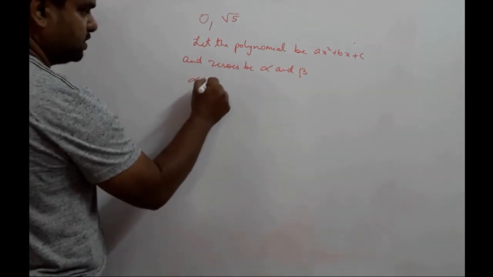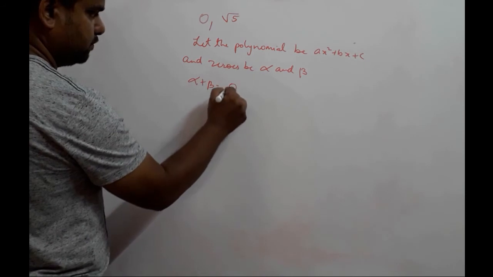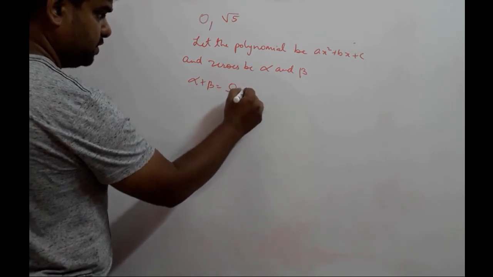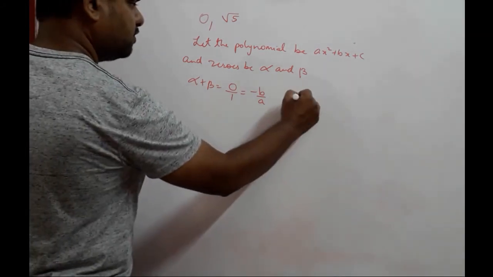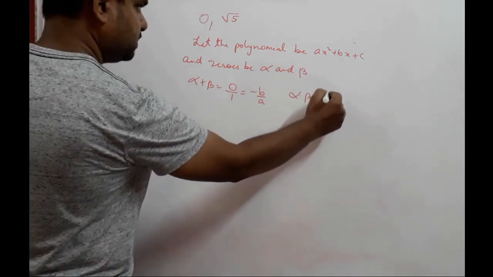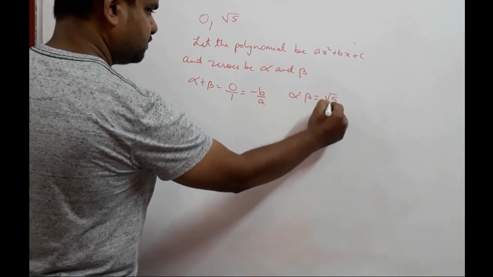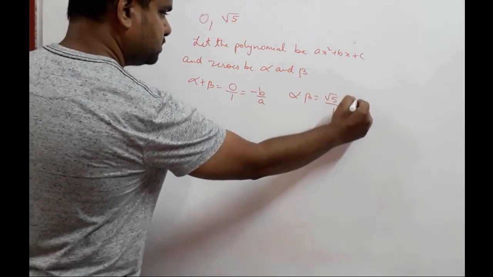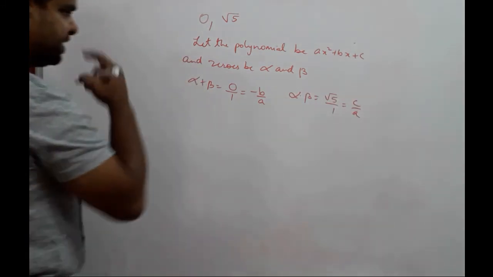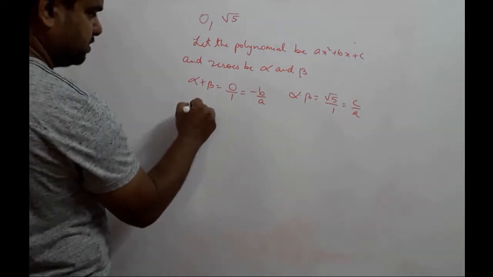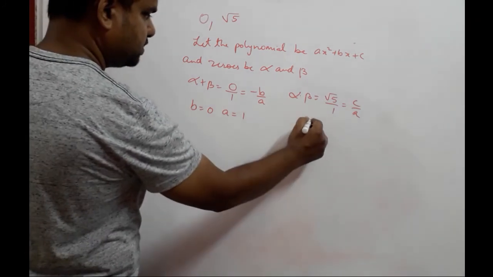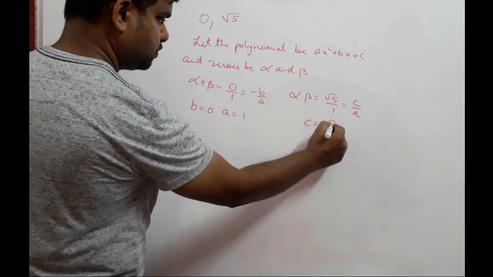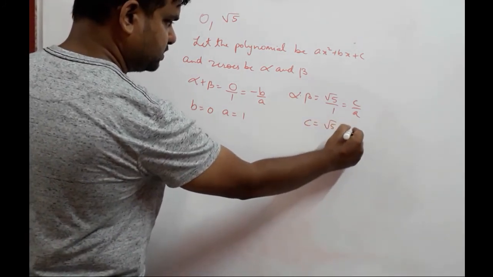So alpha plus beta is equal to 0, which we can write as 0 upon 1, which is equal to minus b upon a, and alpha into beta is root 5, which is root 5 upon 1, which is equal to c upon a. So in this case we can say b is equal to 0, a is equal to 1, here c is equal to root 5 and a is equal to 1.